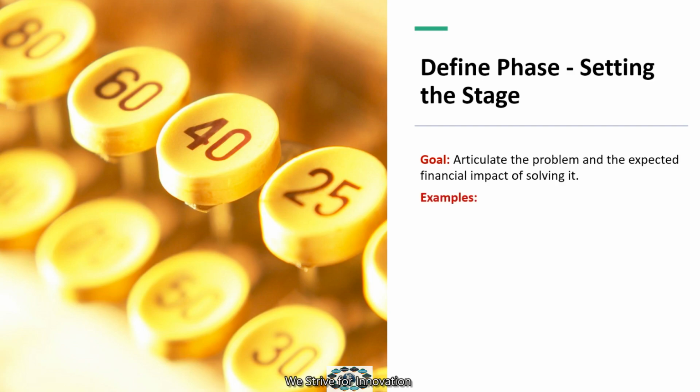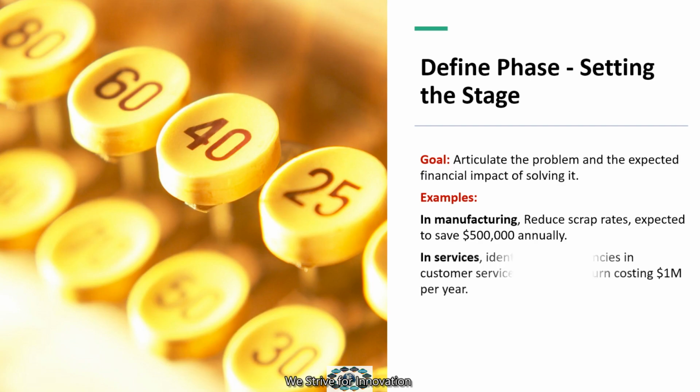Examples we're going to be using here: in the manufacturing sector, defining a project to reduce scrap rate, expected to save the company about $500,000 annually. Or in the service sector, identifying inefficiency in customer service that could lead to high client churn that costs us about $1 million per year.